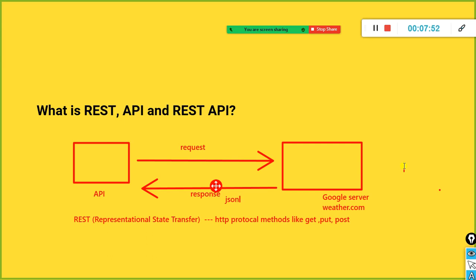So the advantage of REST API is that no matter in which language you have written the program, it sends the request and receives the response using the universal HTTP protocol. That is what the REST API is all about. REST stands for representational state transfer.